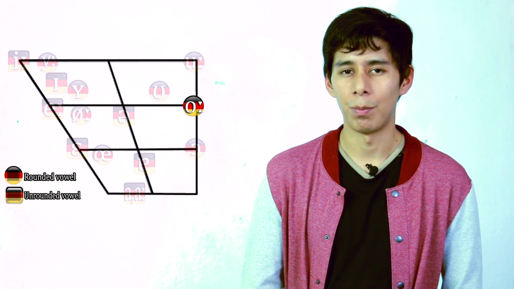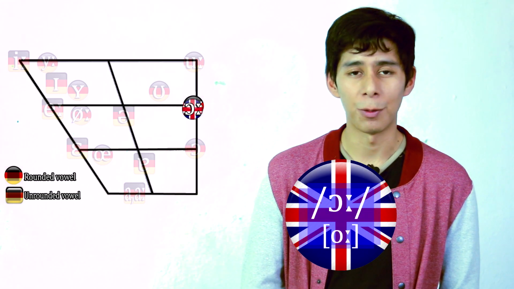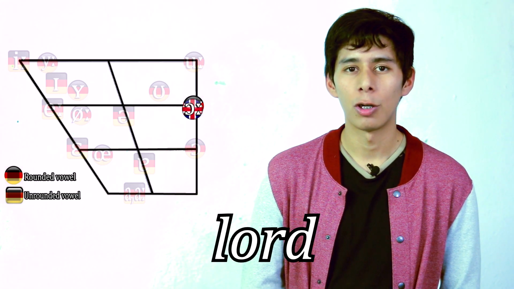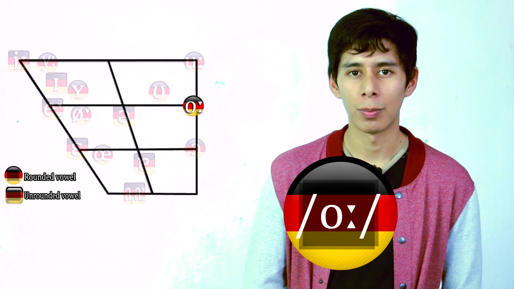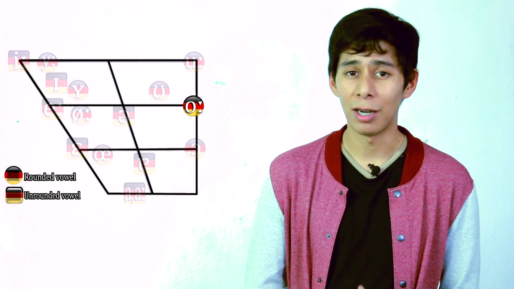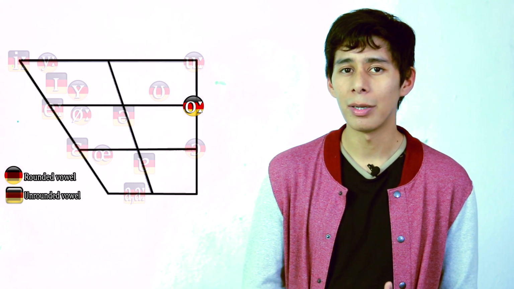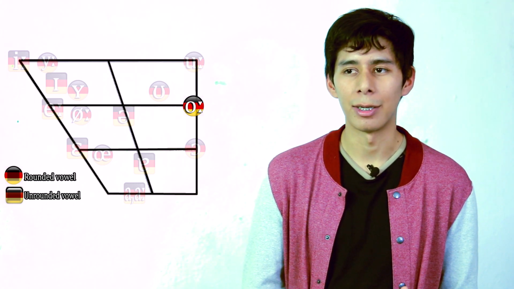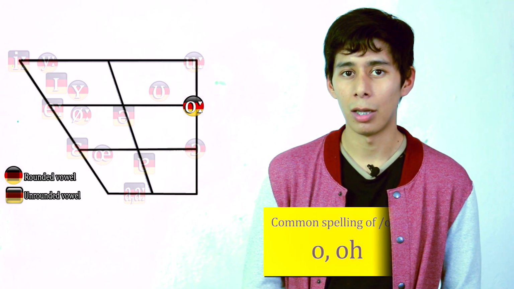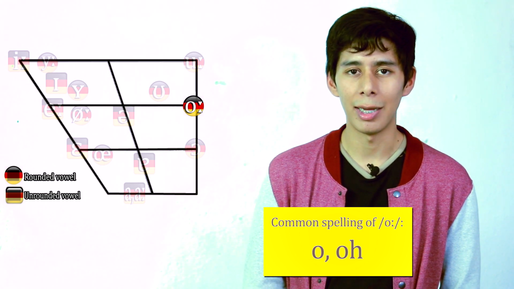This sound is practically the same O that we find in the English word Lord. As a long vowel, this sound normally appears in open and stressed syllables. We find this sound represented by the letter O and by the combination OH.